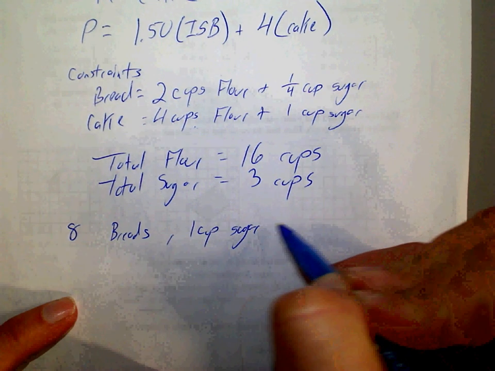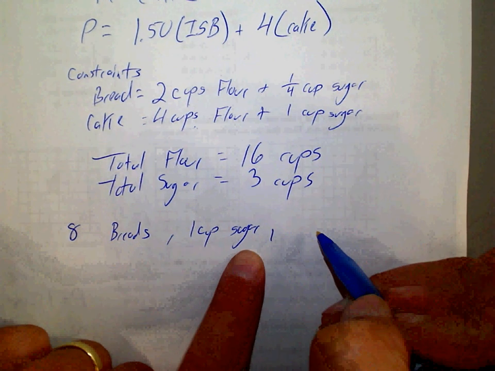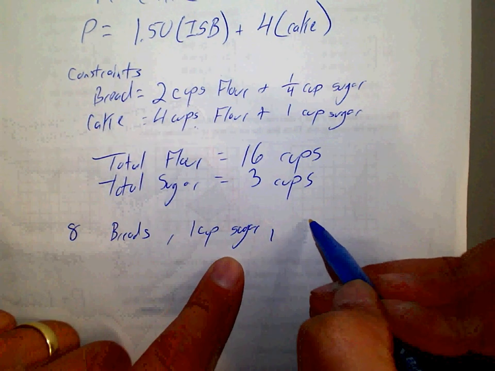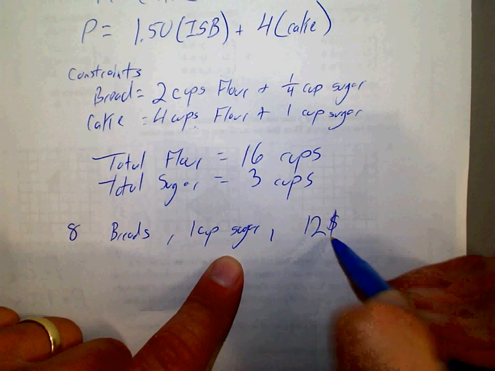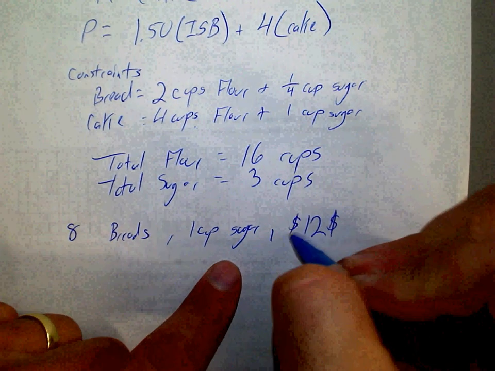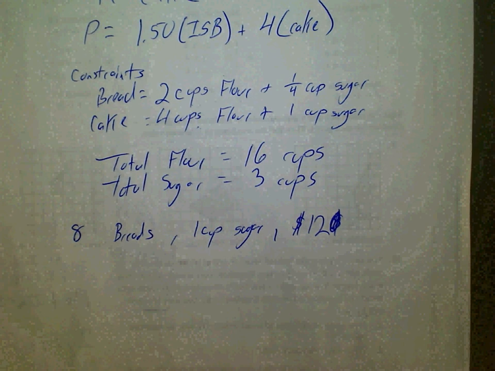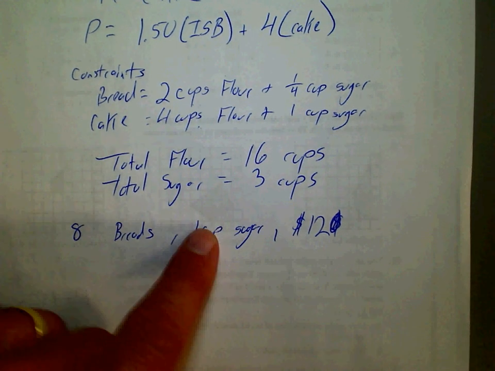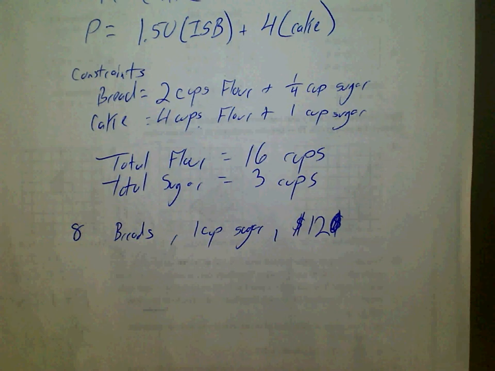And I would make $12. So 1 cup of sugar left over, 12 bucks. So that's one way of thinking about all your constraints here, like what you could potentially do.